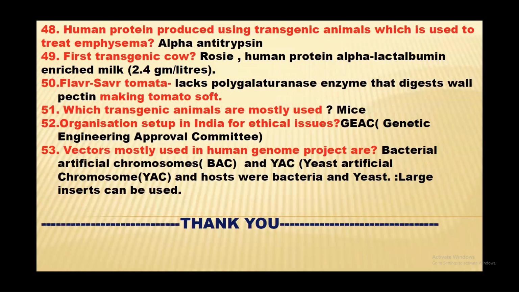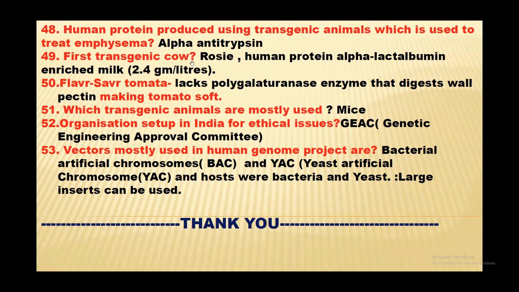The 48th one. Human protein produced using transgenic animals which is used to treat emphysema is alpha-1 antitrypsin. First transgenic cow is Rosie.